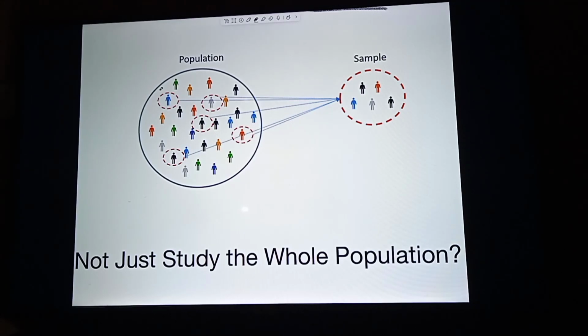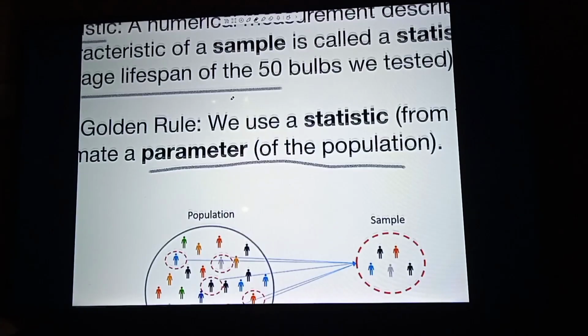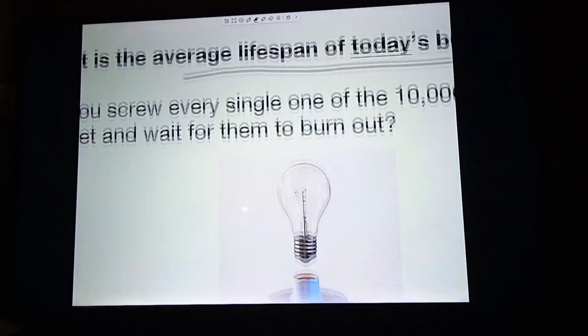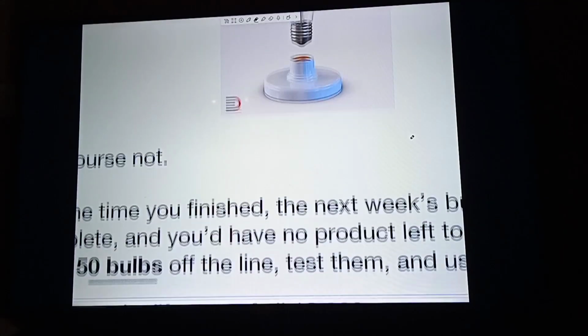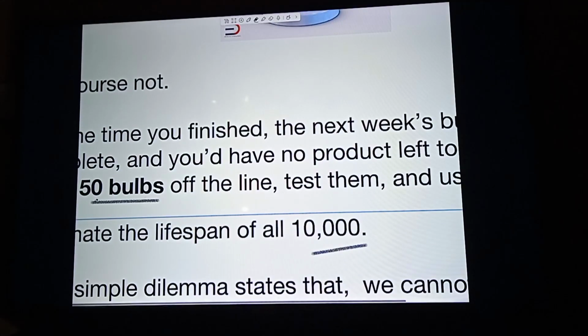Example, in the above 10,000 bulbs, taking 50 samples out of these 10,000 bulbs, these 50 sample bulbs will be representative if they include bulbs from different machines, different batches, different times of the day, different workers or assembly lines if applicable.